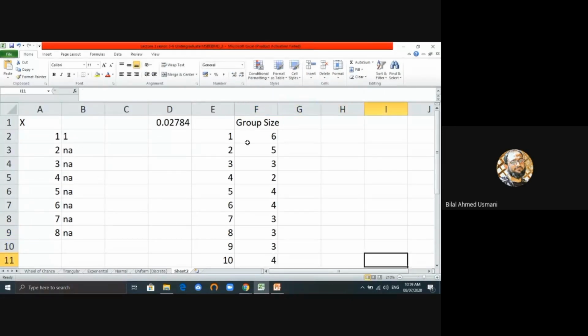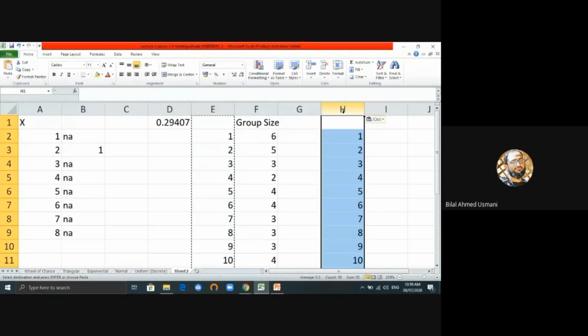Is there anyone in the class who can tell me why 3 and 4 are being repeated so much? If I do it again for you, let's run this simulation a second time.